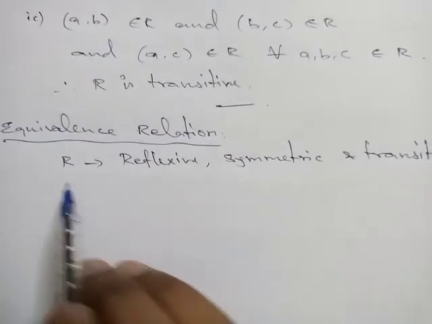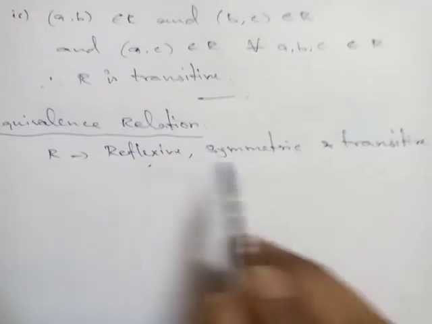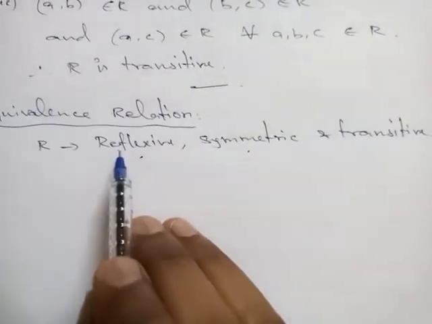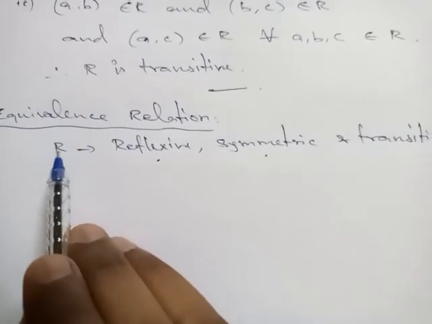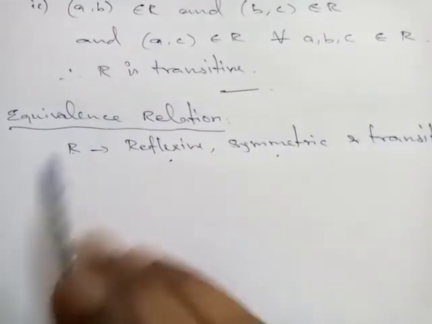That is, that relation should be reflexive, symmetric and transitive. This must satisfy all these three conditions. Then we can say this relation R is an equivalence relation. That's all.